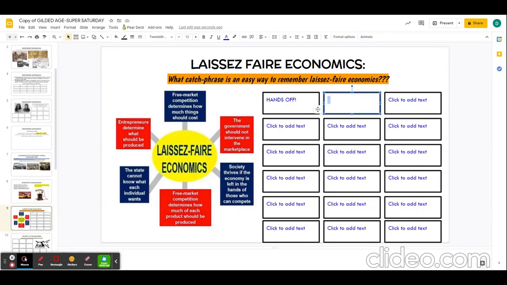And that's why we see so many unethical and illegal business practices happening during the Gilded Age. There was no one telling them, oh, that's unfair, you can't do that. Another term that you might see is free enterprise. So make sure you know that laissez-faire economics means hands off, means free enterprise.